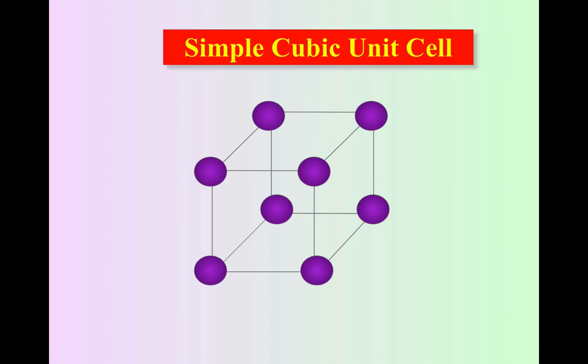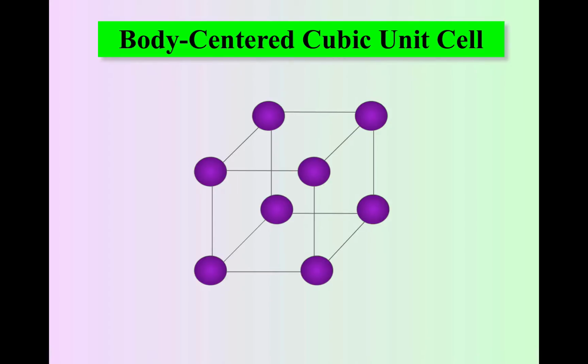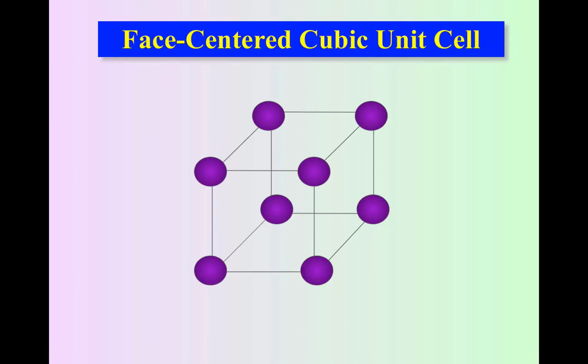When you have simple cubic, you just have 8 lattice points defining the shape of the repeating pattern. With body-centered cubic, you get this extra lattice point in the middle. Whereas with face-centered cubic, you get an extra lattice point on each of the sides. So 5 dots defining a side rather than 4.